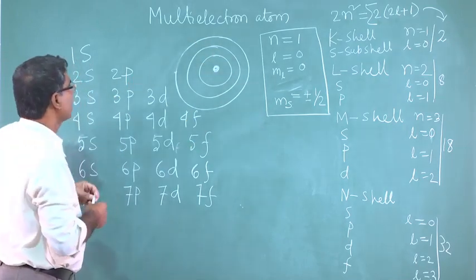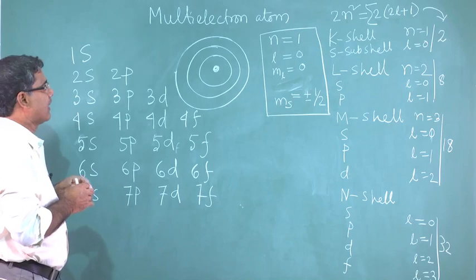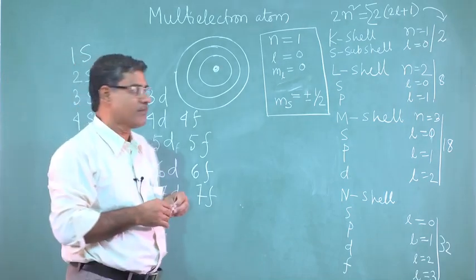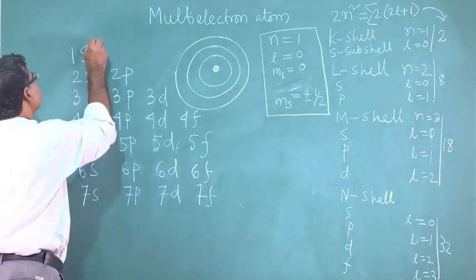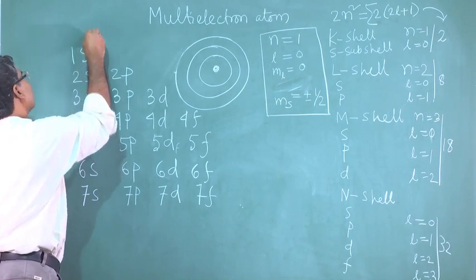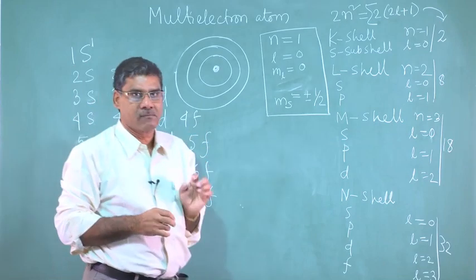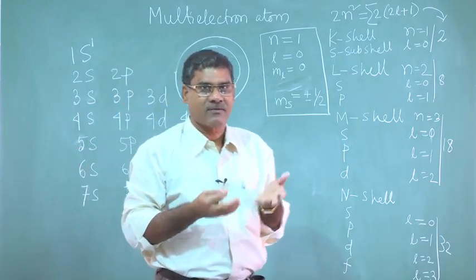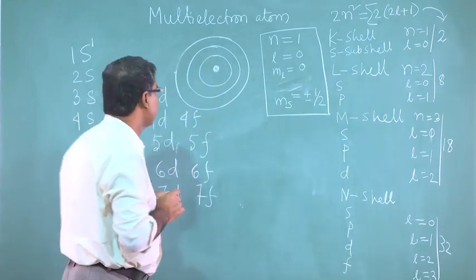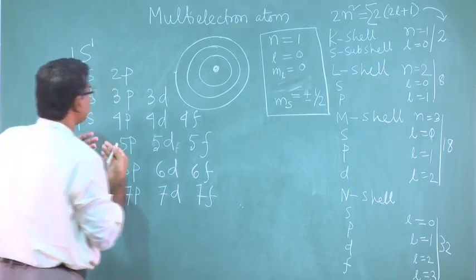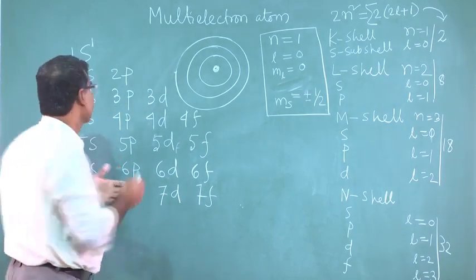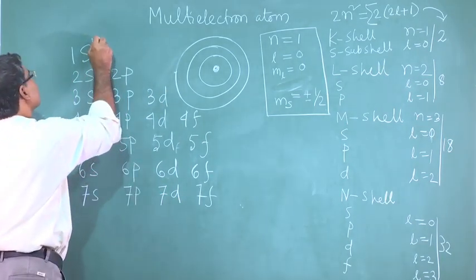If I want to put one electron at ground state, minimum energy, I have to put one electron here. If I take a second electron, in case of helium, for minimum energy, ground state, I can put one more here.